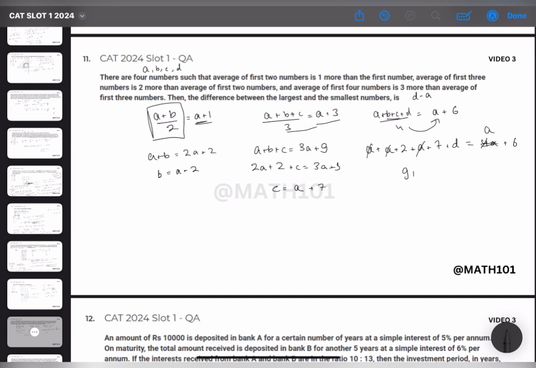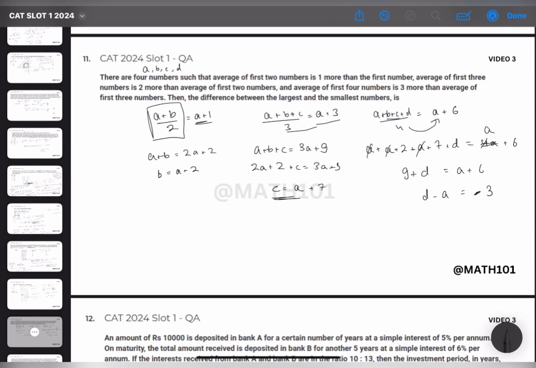So 9 plus d equals a plus 6. So d minus a equals minus 3.